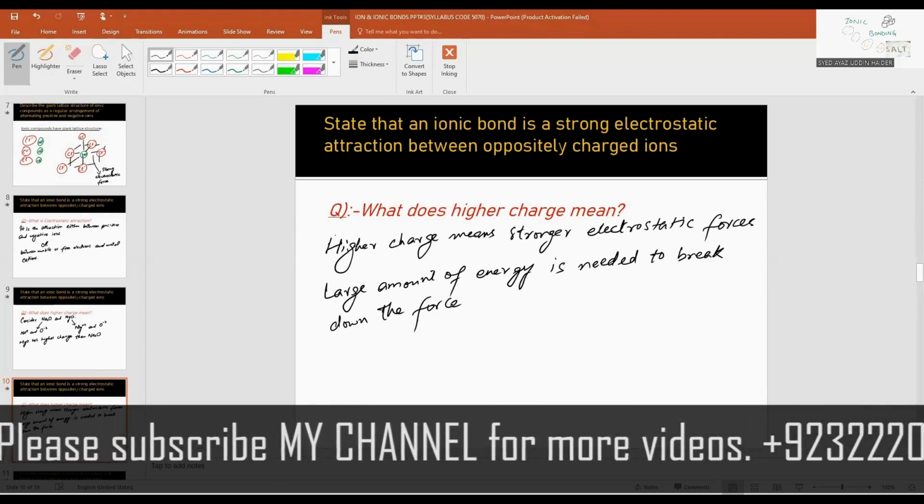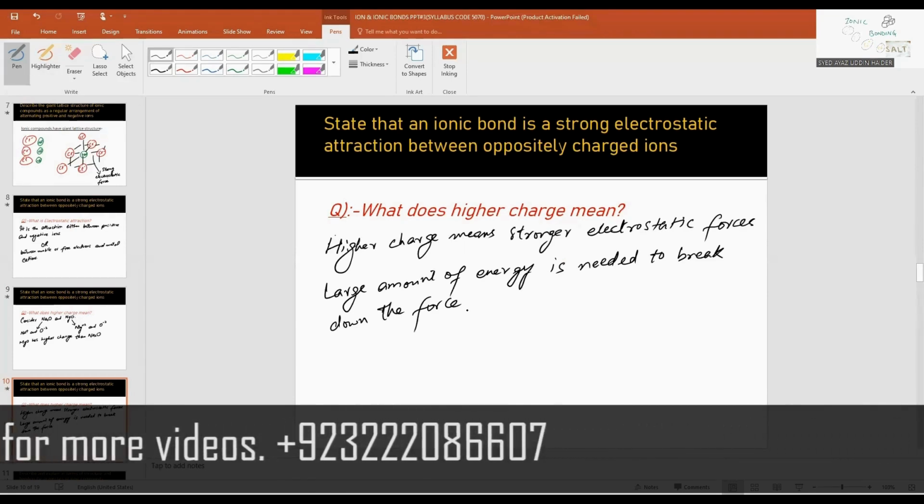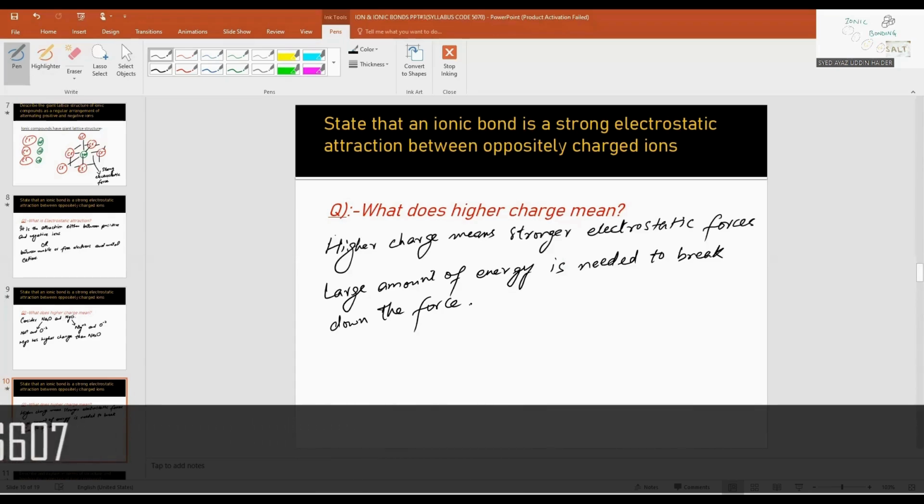This eventually gives such ionic compounds higher melting and boiling points.